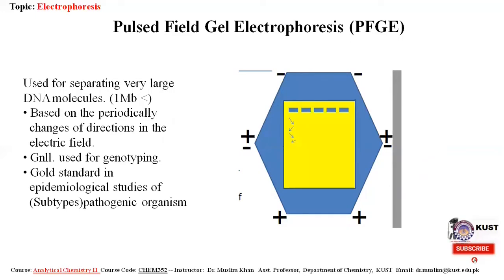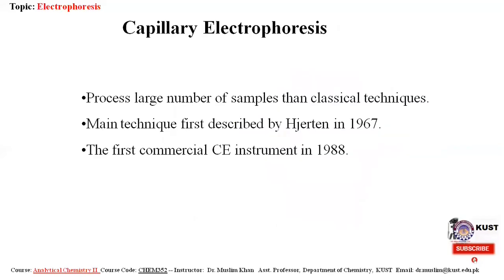It is based on periodic changes of direction in the electric field, and is generally used for genotyping and is the gold standard in epidemiological studies of pathogenic organisms, this pulse field gel electrophoresis technique.